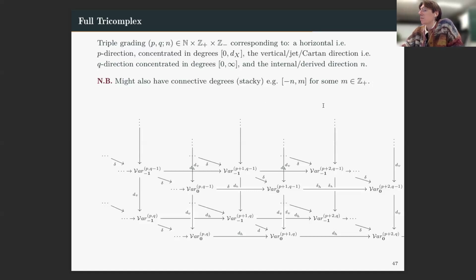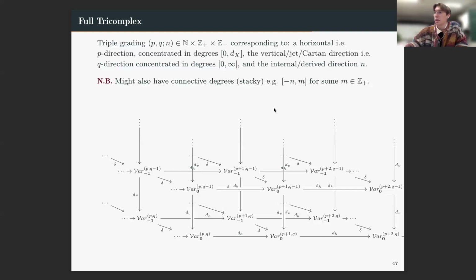So again, if we're assuming that our base space X is smooth, then the horizontal one is concentrated in the usual degrees, 0 to the dimension of the base. But the vertical one is now sort of infinite in two directions. It's infinite in the usual jet direction, and it's also a priori infinite in the cotangent complex direction induced.